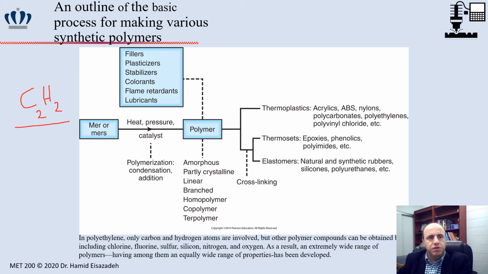As you see here, this is the raw material; with application of heat, pressure, catalyst, or different types of processes, different reactions can be performed here to combine these parts together to make a polymer. You can add filler, stabilizer, colorant. These are the additives, and depending on how you process this polymer, you can have these various materials.